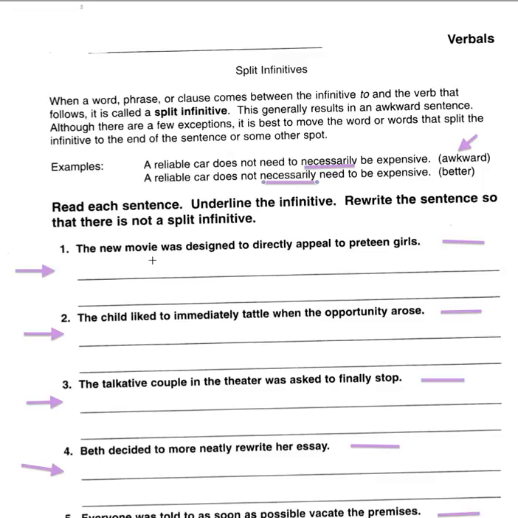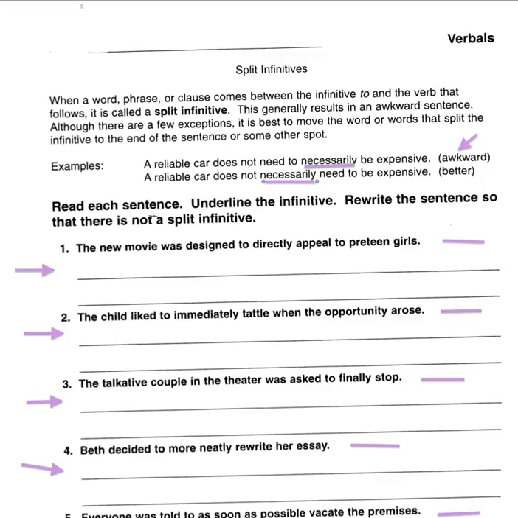You're going to read these sentences and we're going to underline the infinitive and then we're going to move a word. So let's grab this little handy dandy underline right here. The new movie was designed to directly appeal to preteen girls. We've got this adverb directly in here, and it's kind of in an awkward place. So on your paper, let's talk about where we're going to move that.